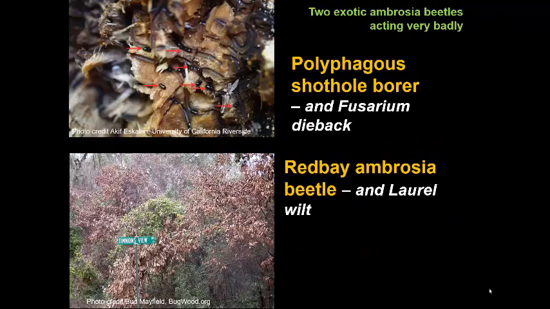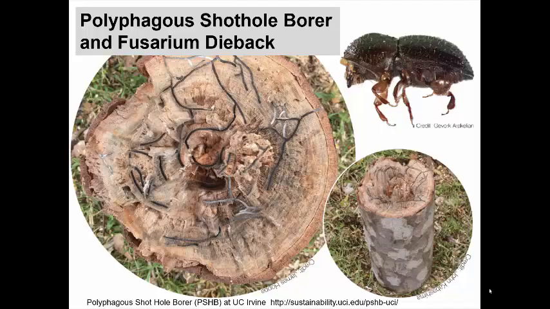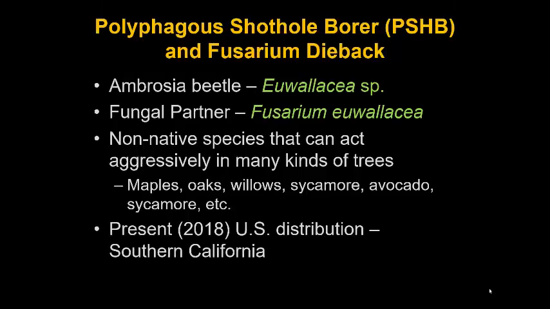And then there's two exotic ambrosia beetles that have fairly recently entered the United States and are acting quite badly. So just briefly, one is called the polyphagous shot-hole borer, and it's associated with a Fusarium species of fungus. The ambrosia beetle is a Euwallacea species, perhaps maybe even two, with a fungal partner.